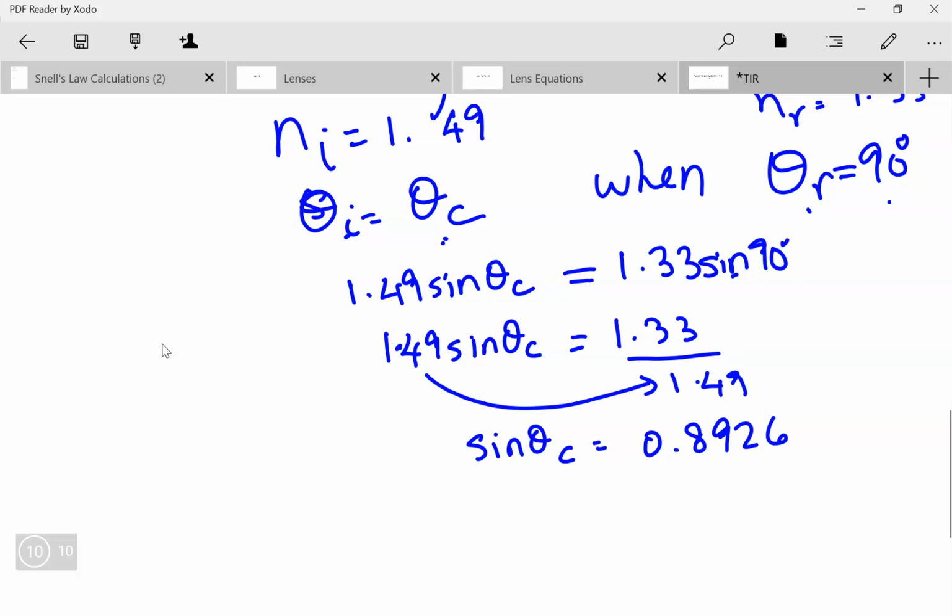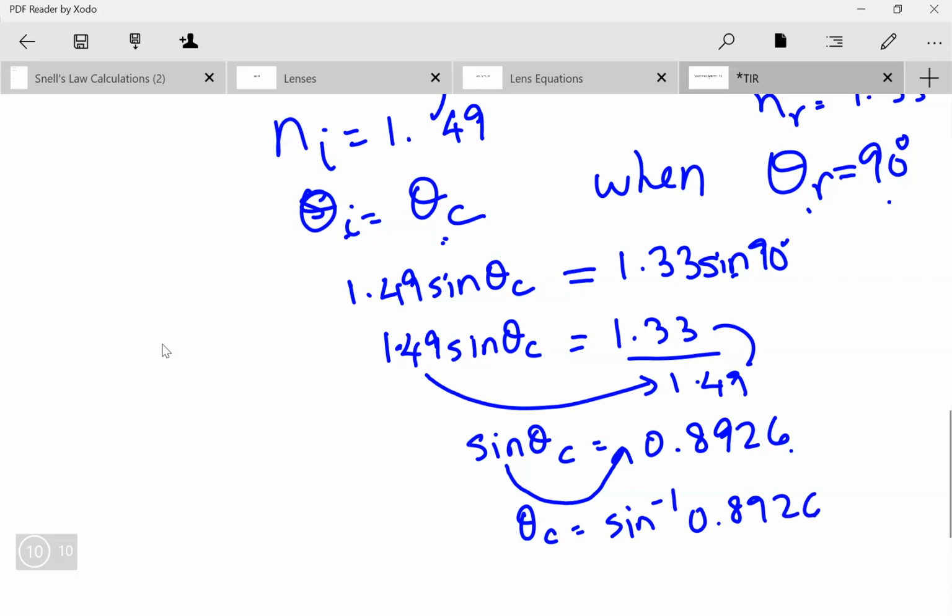0.8926. I've just moved this to the denominator, done the division, and now I still have to get theta C, so I'm moving sine to the front over here where it becomes sine inverse of 0.8926. So I just put shift sine, or second function sine, 0.8926, which gives me theta C equals 63.20 degrees.